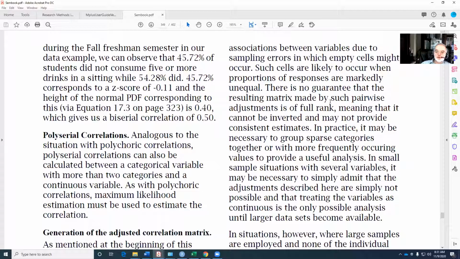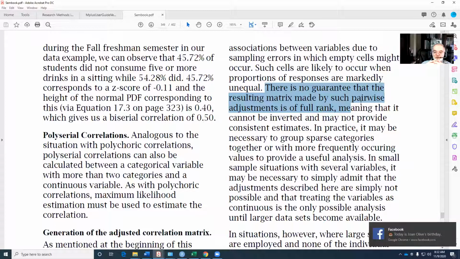And especially if you're playing with small samples, if you make one adjustment to the correlation between variables A and B, and another adjustment for the correlation between A and C, and yet maybe another adjustment for B and C, there's no guarantee that the matrix that you get out is necessarily going to be full rank.